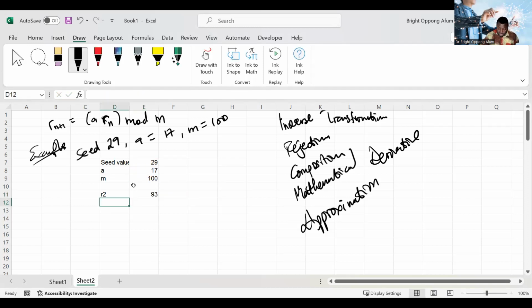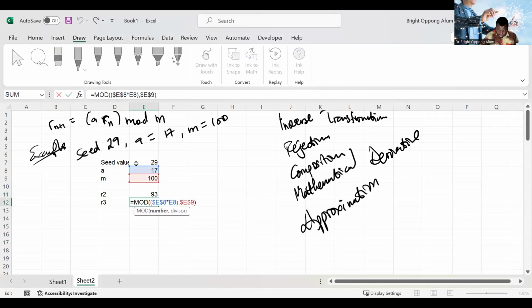All right, so that's 93. For R3, let's drag, but now instead of the seed cell, it has to be 93.